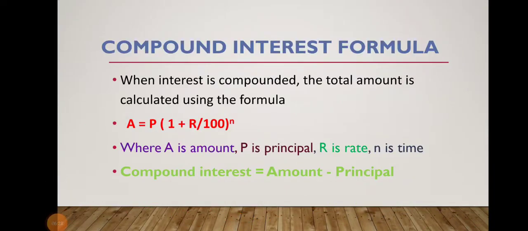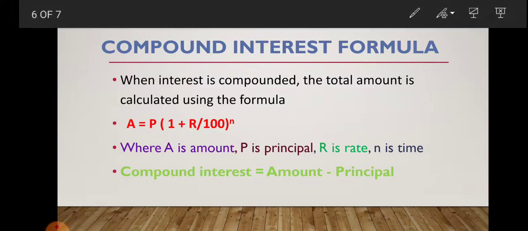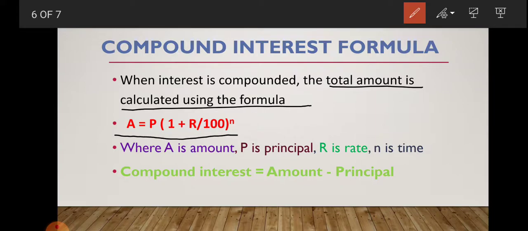Now, compound interest formula. When interest is compounded, the total amount is calculated using the formula amount is equal to P(1 plus R divided by 100) raised to power n, where A is amount, P is principal, R is rate and n is time.